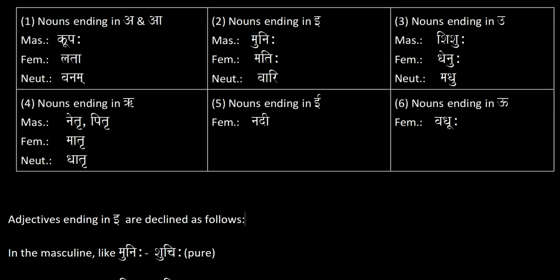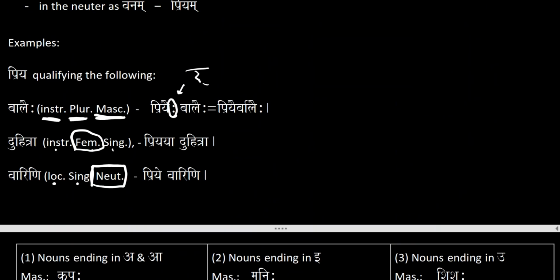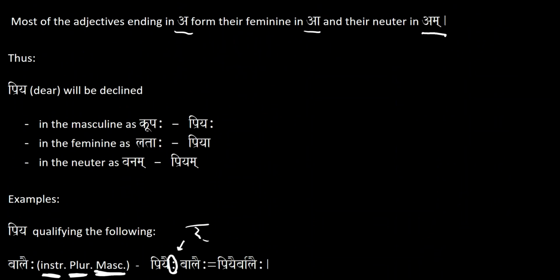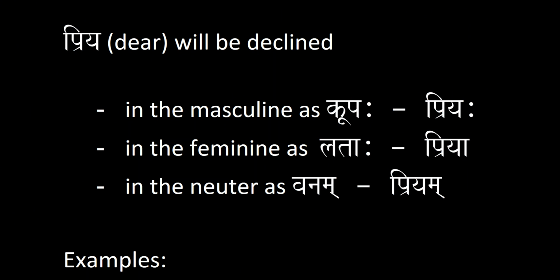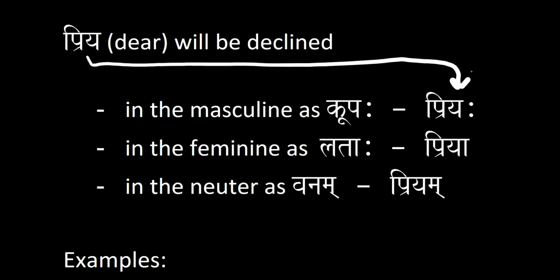In the previous lesson, we went over adjectives that end in a, and we used priya as an example of an adjective that ends in a. When you are working with a masculine noun, you change the adjective to priyaha and decline it like kupaha.